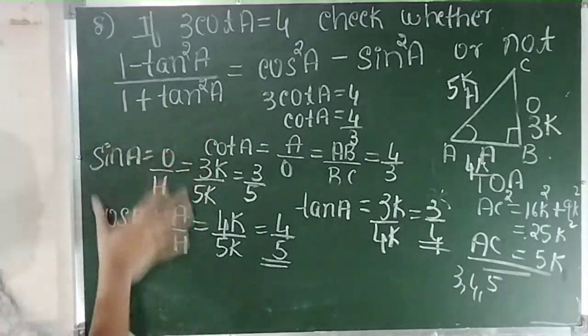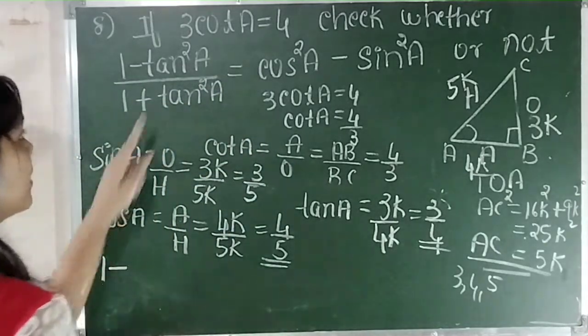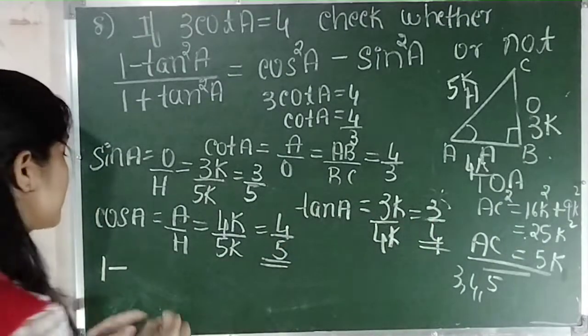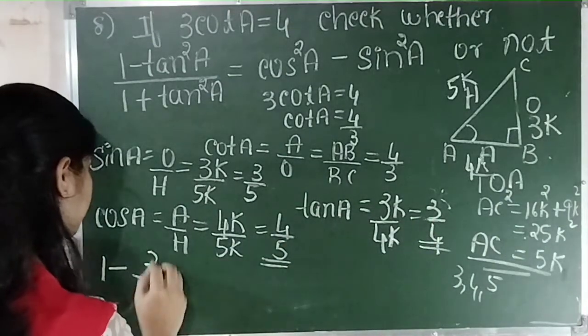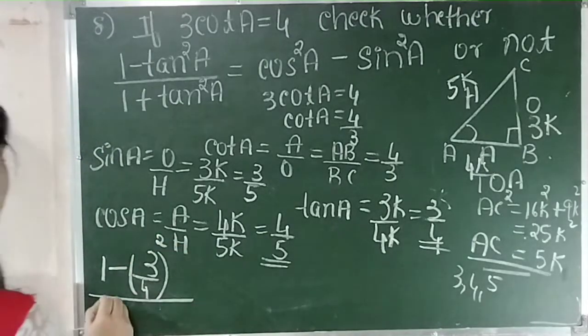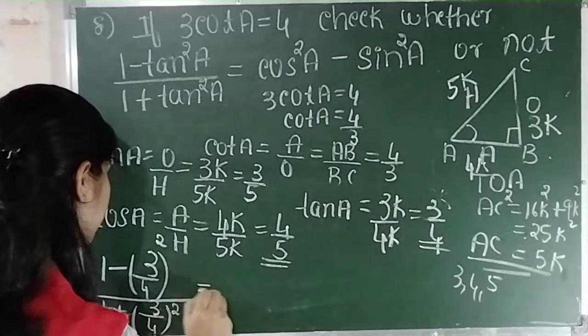Now substitute these values here. 1 minus tan square A, which is 3 by 4 whole square, divided by 1 plus 3 by 4 whole square.